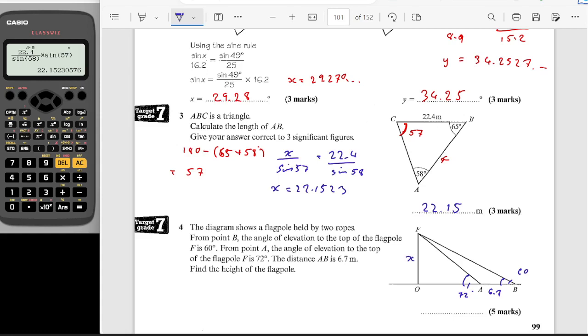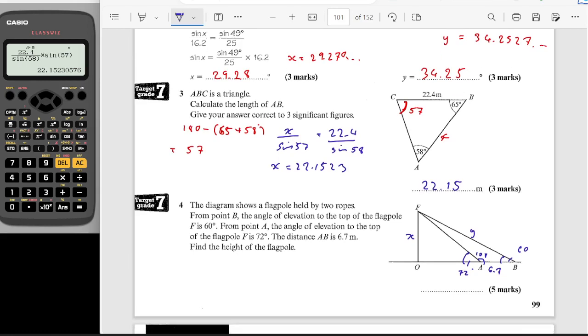So we are going to have to either work out this length or work out this length. I'm going to work out this length just because 60 degrees is a nicer one to work with for my second part. So I'm going to call that y for now. If that's 72, then that's going to be 180 minus 72, so that's going to be 108. So I'll start over here.